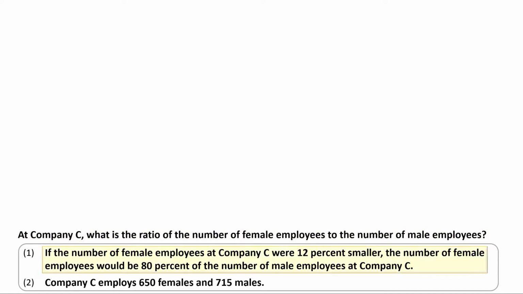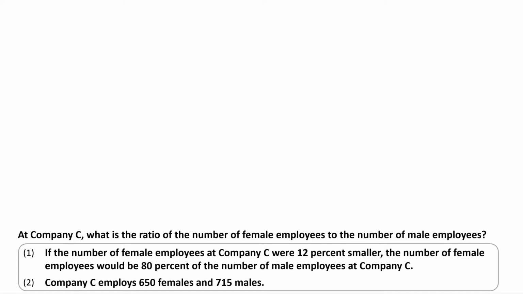Statement 1 says, if the number of female employees at company C were 12% smaller, the number of female employees would be 80% of the number of male employees at company C. Remember, right now we are just skimming, so it's okay if you didn't absorb all of that. As for statement 2, it tells us that company C employs 650 females and 715 males.